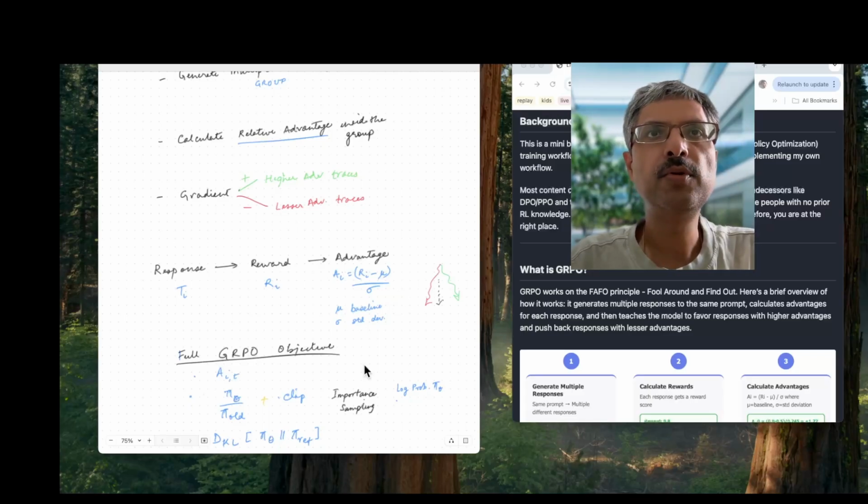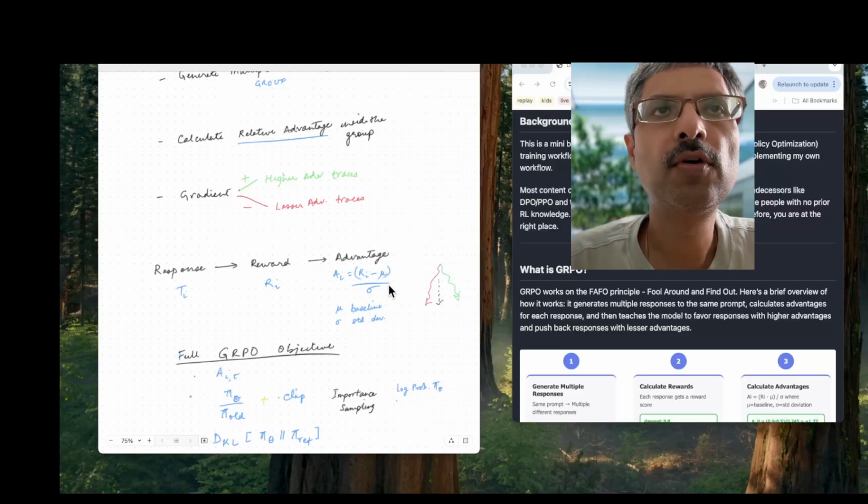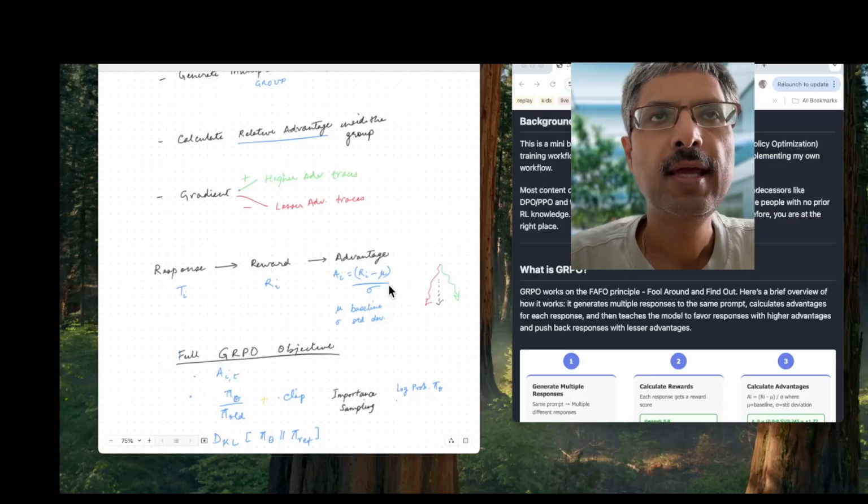The idea is that you compute the mean and standard deviation of the rewards, and then if all the rewards are similar, you get a very small advantage.